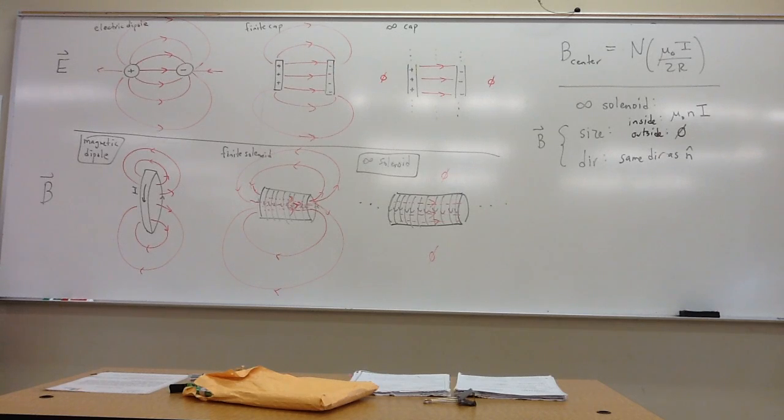Now this lowercase n, not uppercase N, but lowercase n, that's not normal. What that is, is the number of loops per length along the solenoid. It's basically the turn density. It's how tightly the solenoid is wound. So the units of this are actually inverse meters.